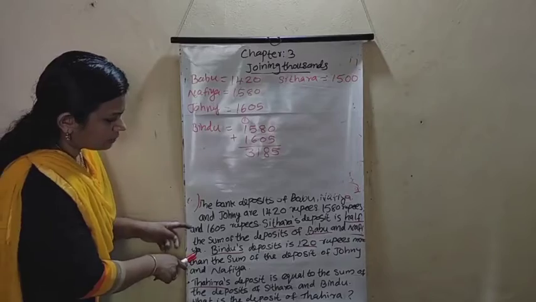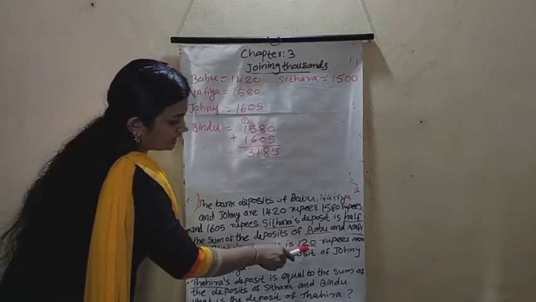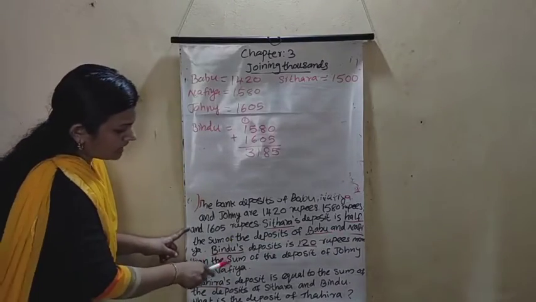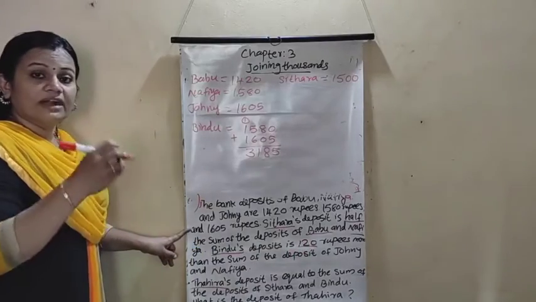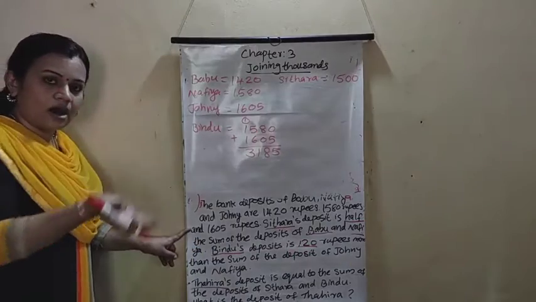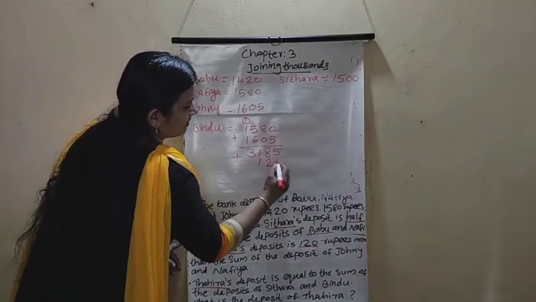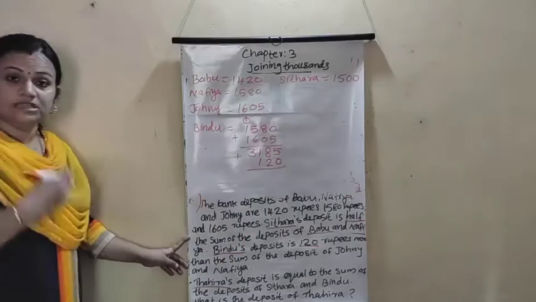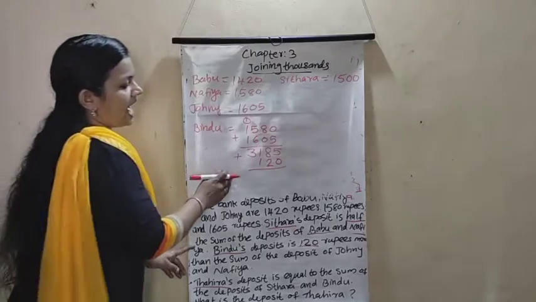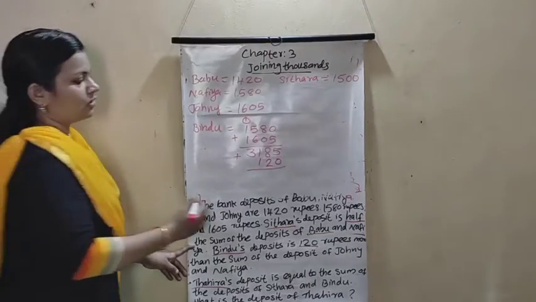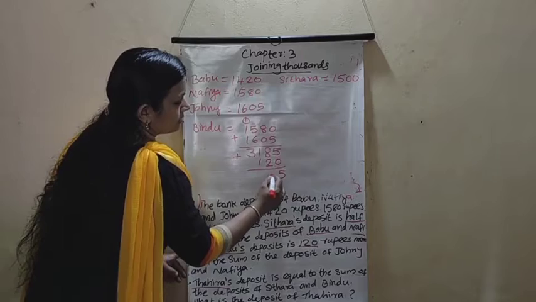What is the answer? 3,184. You look at the question. Deposit is 120 rupees more than the sum of the deposits. More than is given, so you do the addition. So add 120 also. Then 5, 10.